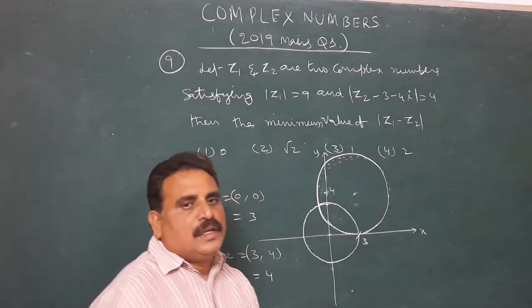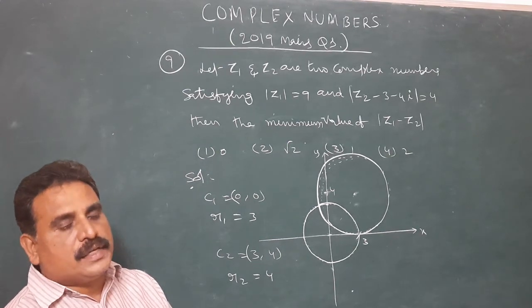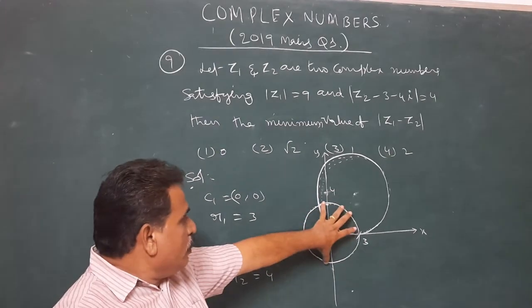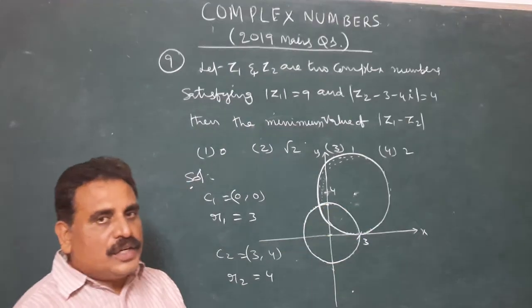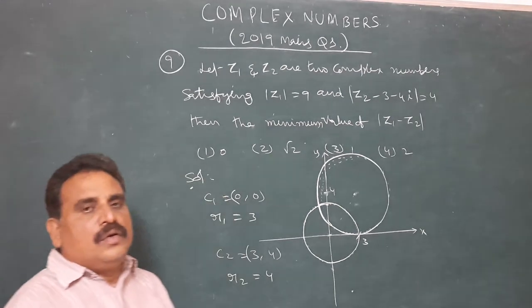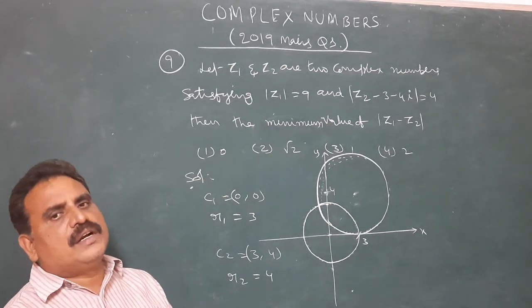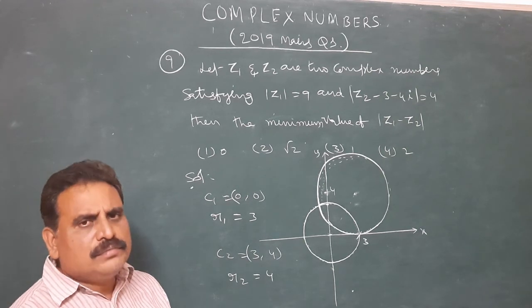Now here Z1 and Z2 are two variable points. Z1 is a point on the small circle, and Z2 is a point on the big circle. What is the minimum distance between Z1 and Z2? Very simple.